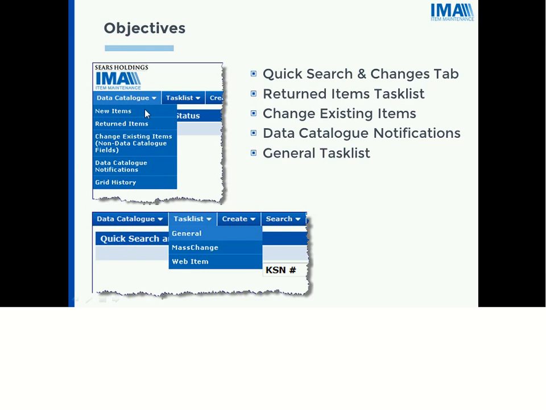We covered new items yesterday with the new item grid, and we also did the grid history. Today we're covering these 3 additional ones: returned items, change existing items, which is also your changes grid, and the data catalog notifications. Another task list you may access is under the task list in the main menu, and general. We're going to discuss all of those today.